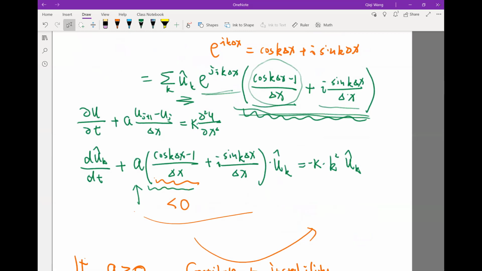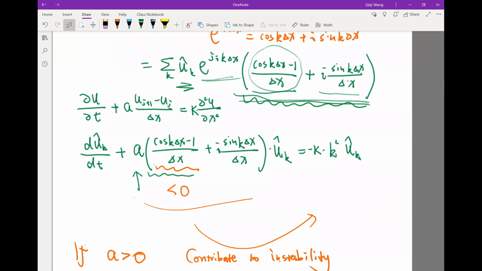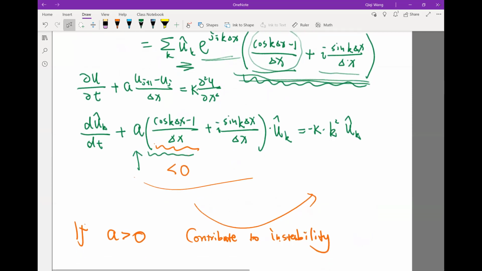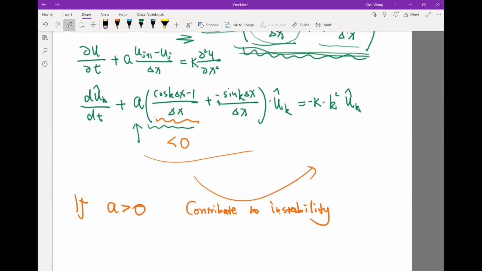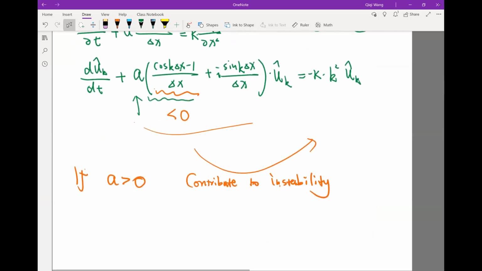A positive wave speed means the wind is blowing from left to right. And if you use a right biased derivative, it's a downwinding scheme. And the downwinding scheme contributes to instability, as we have seen, I think, twice in our previous lectures.